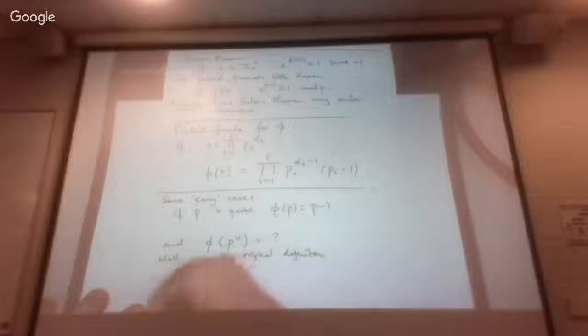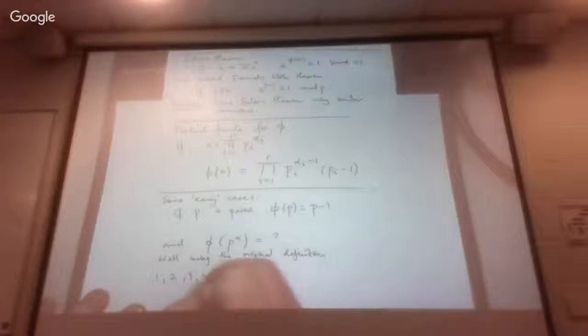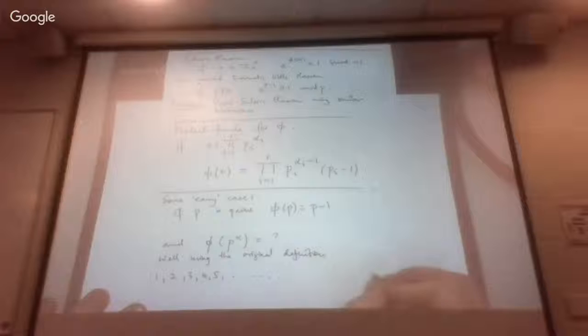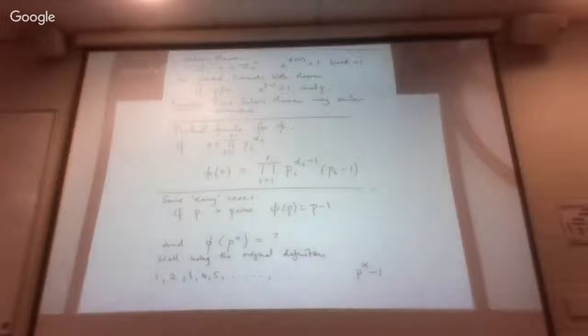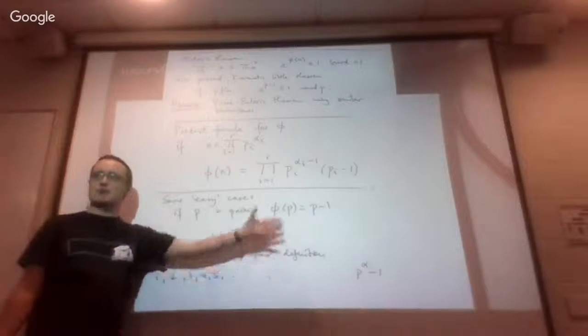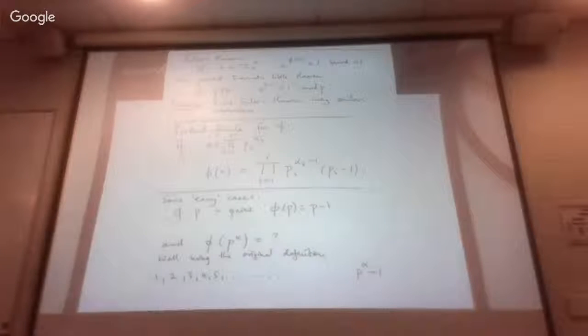I have to imagine all the numbers 1, 2, 3, 4, 5, etc., all the way up as far as, and the last one is p to the alpha minus 1. I won't bother considering p to the alpha because that's not co-prime to p to the alpha. So you've got all these integers here. Expect the power of the prime is probably very big, so it's a long list of integers.